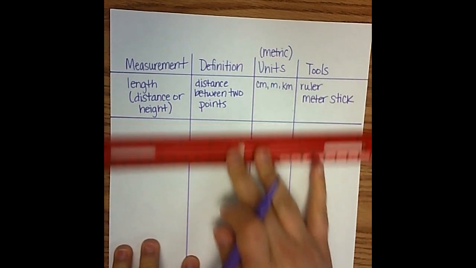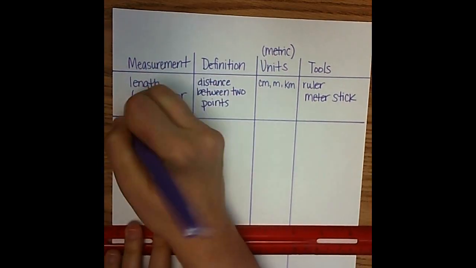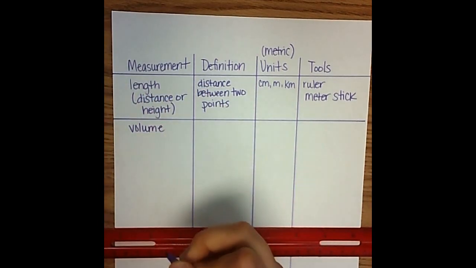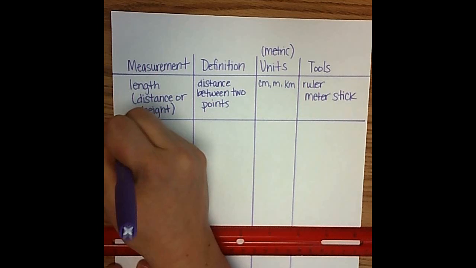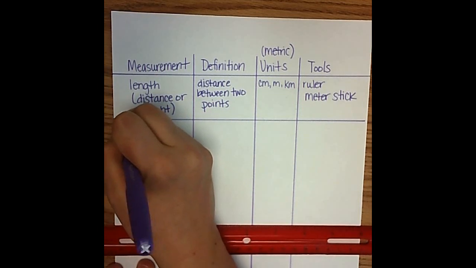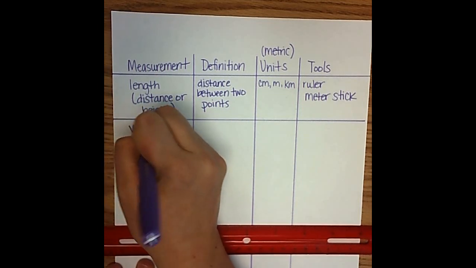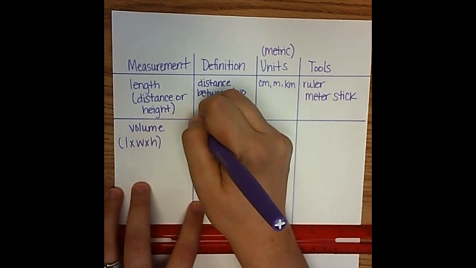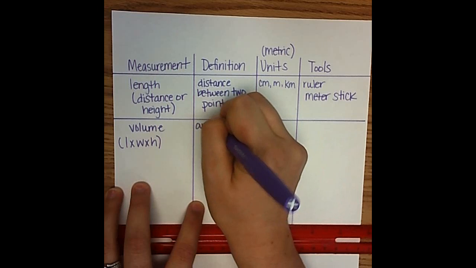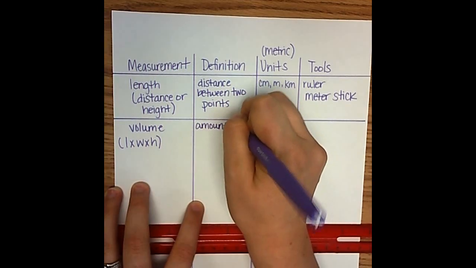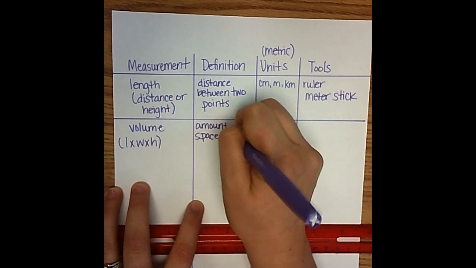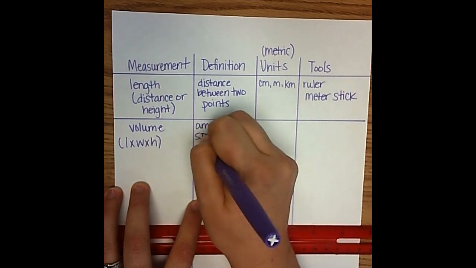Okay, so now the next type of measurement that I want to talk about is volume. All right, so we can do length times width times height. You may have seen that before. Okay, so the amount of space an object takes up is volume.